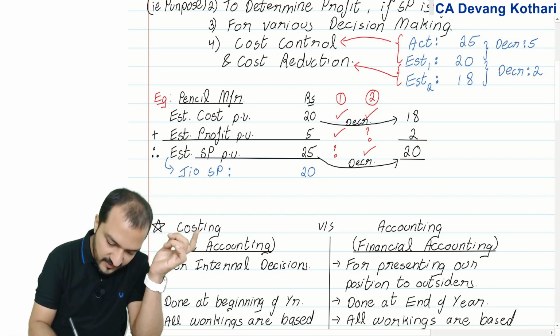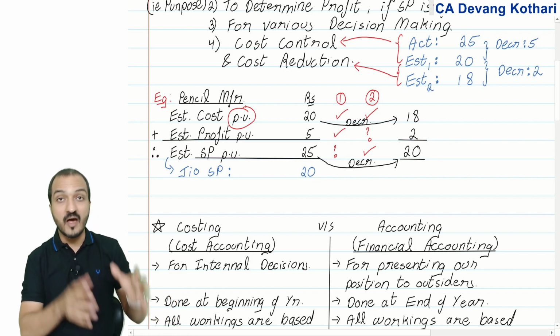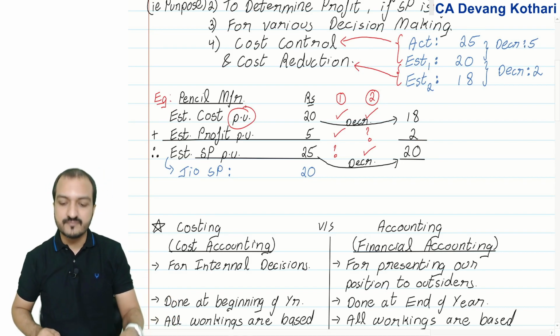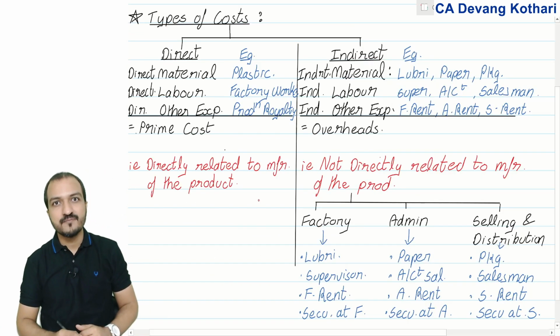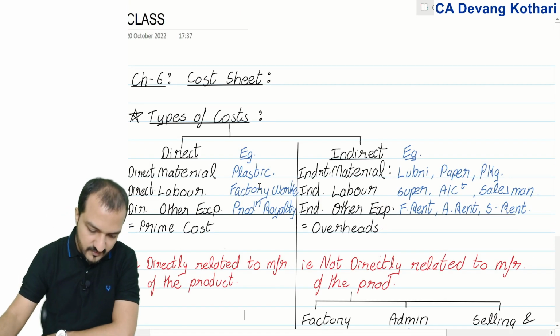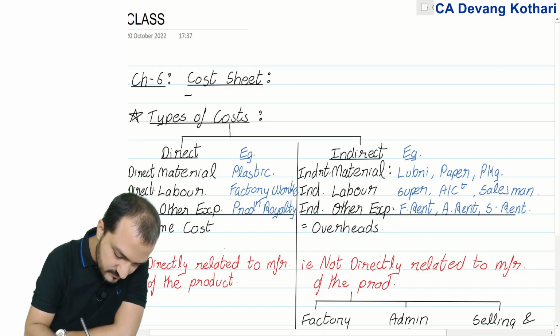So to identify this per unit cost, first you need to identify total cost, and to identify total cost you need the format of cost sheet. So the purpose of cost sheet is to identify total cost.